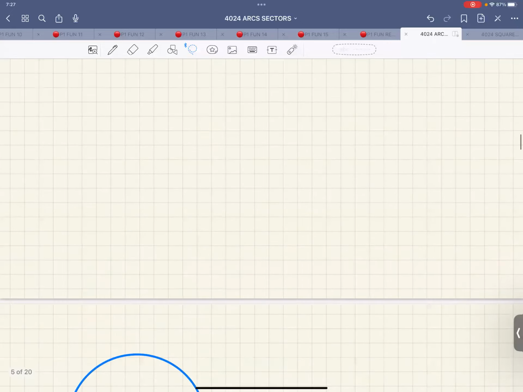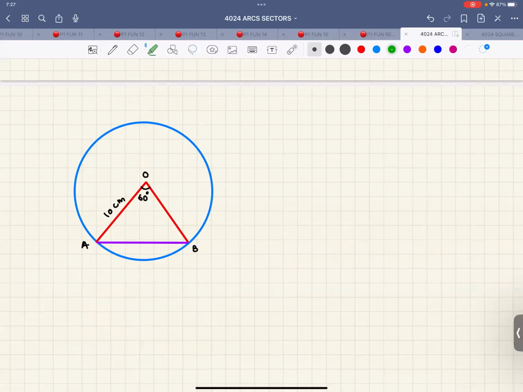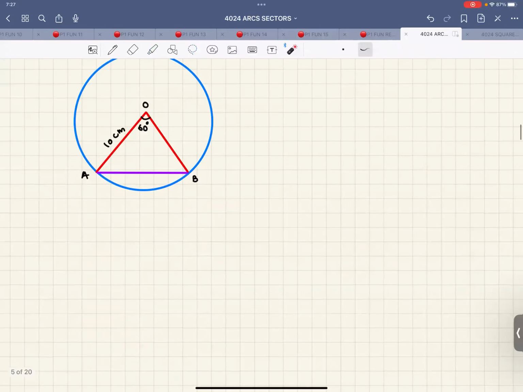Now, in the first one, I'm interested in length, arcs and perimeter. First of all, let's look at this diagram. This is 10, therefore this is 10 because this is also the radius. This is 60.